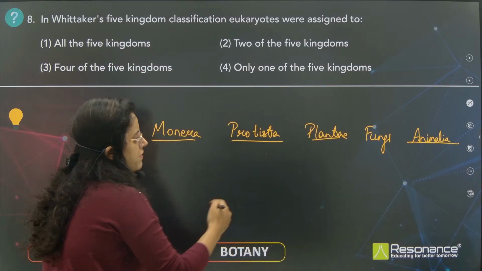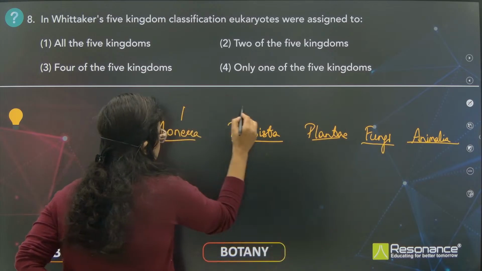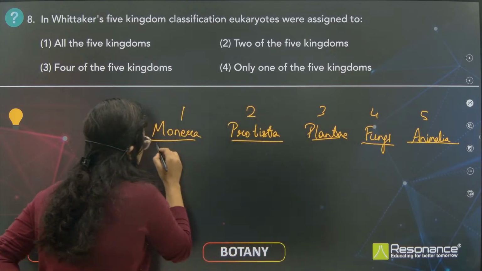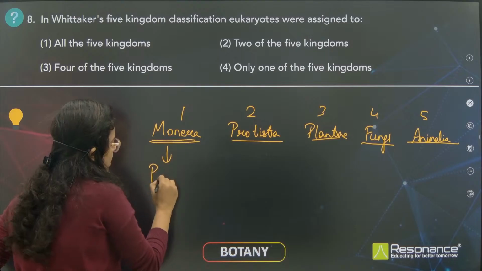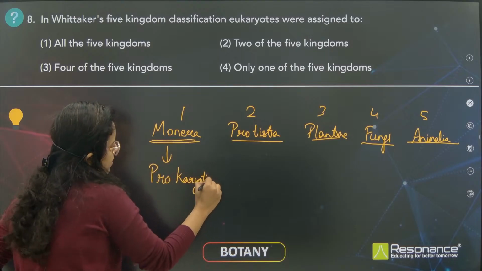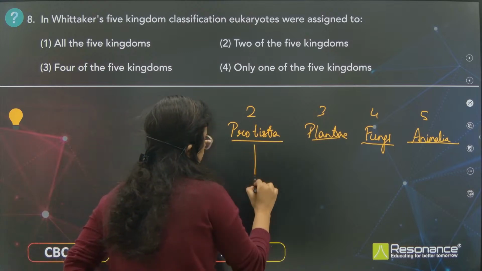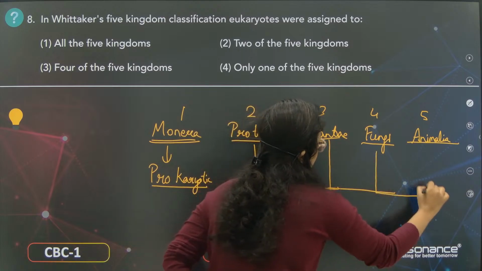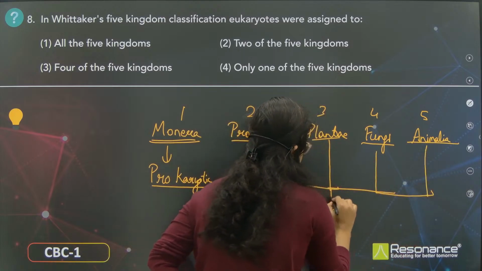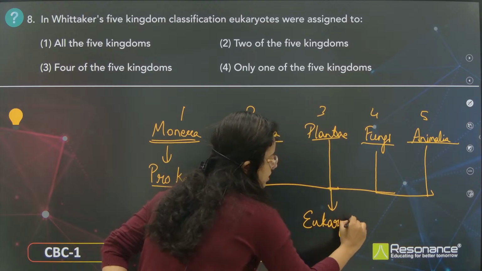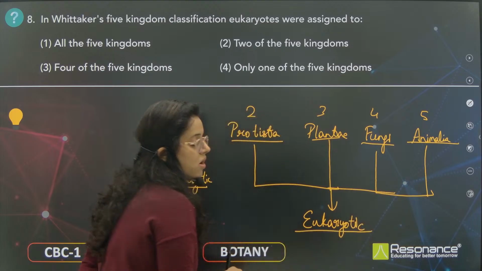Out of these 5 kingdoms, the first, second, third, fourth and fifth, Monera consists of prokaryotic organisms, whereas Protista, Plantae, Fungi and Animalia consist of eukaryotic cellular organization.